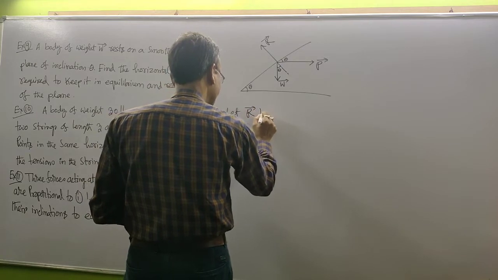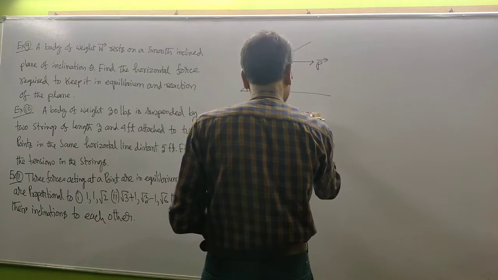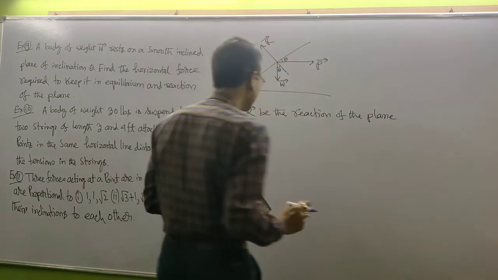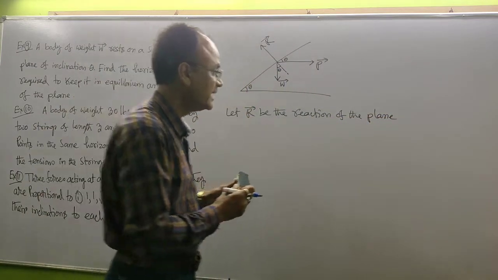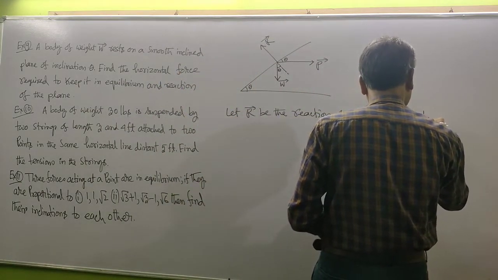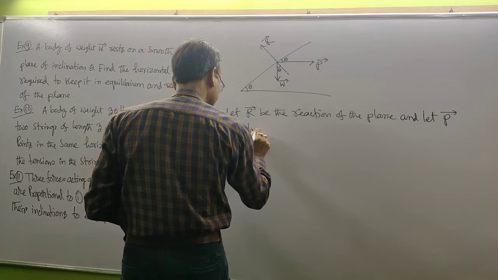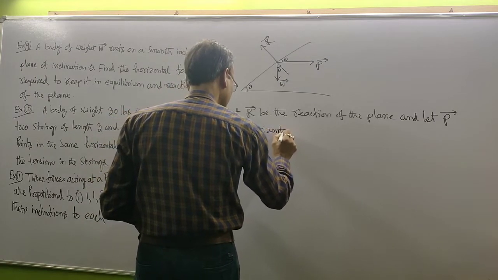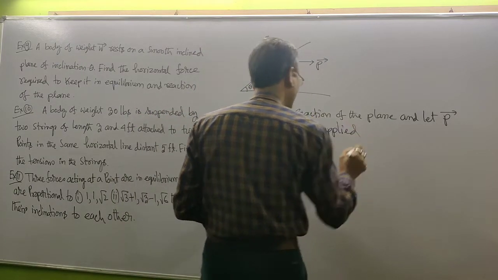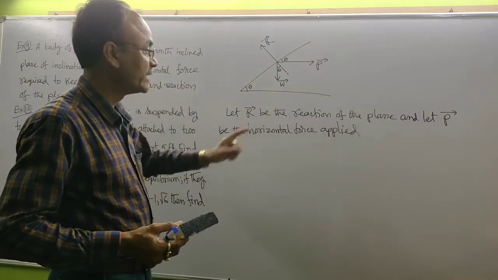Let R be the normal reaction of the plane, and let P be the horizontal force applied on the body to keep the body in equilibrium.